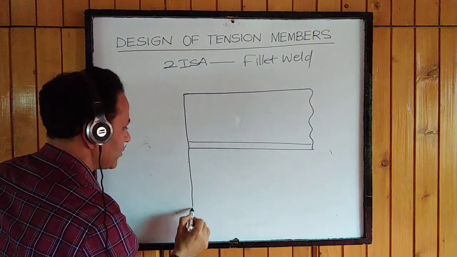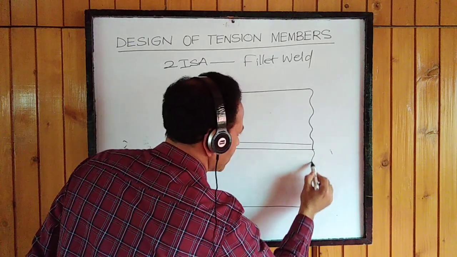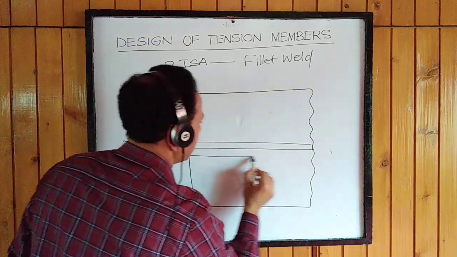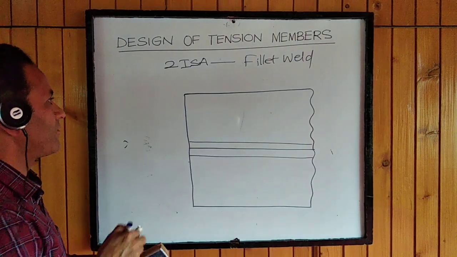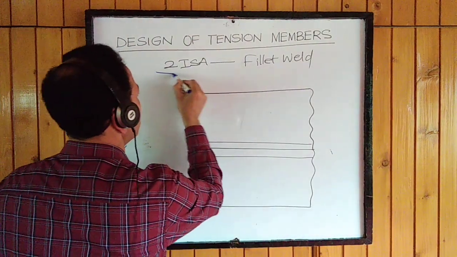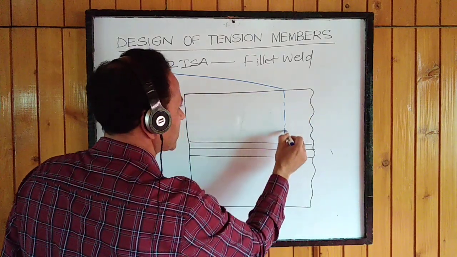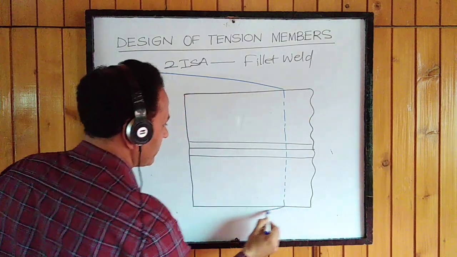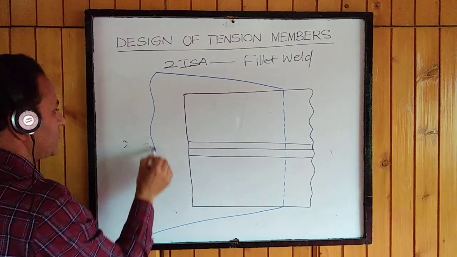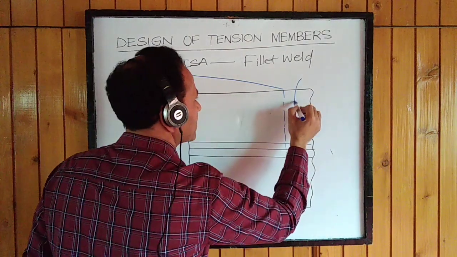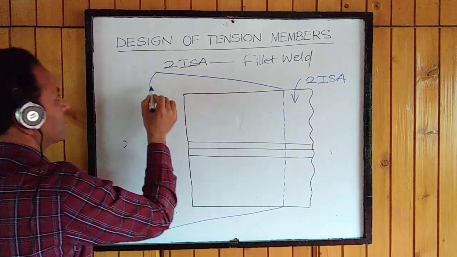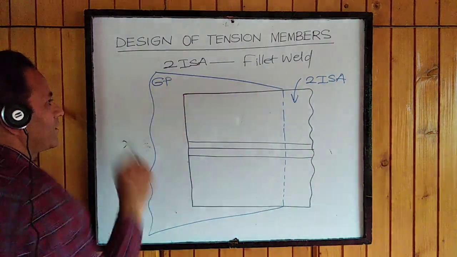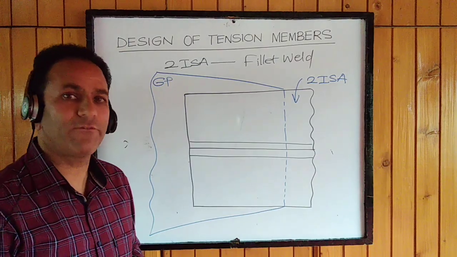If it is connected on the same side, another angle section will appear here. These are the two angle sections. Connection with the gusset plate has to be shown. This is the gusset plate now. So this time we are having two angle sections. This is 2 ISA. This is the gusset plate. Our connection is a fillet weld.